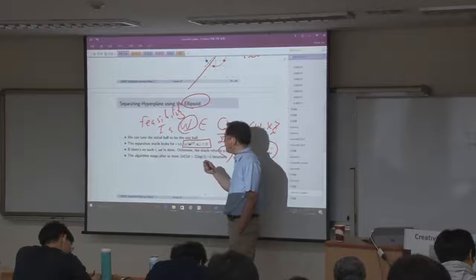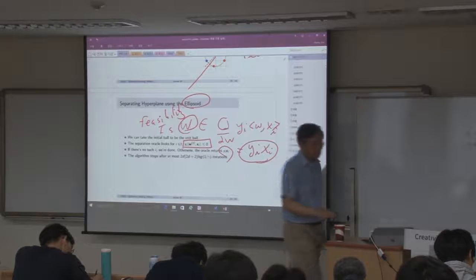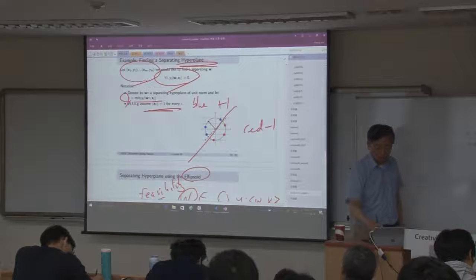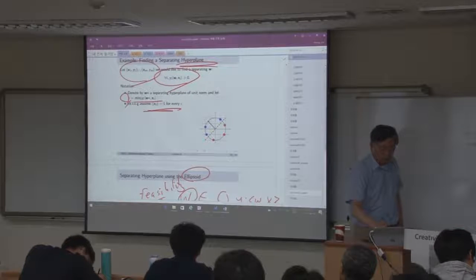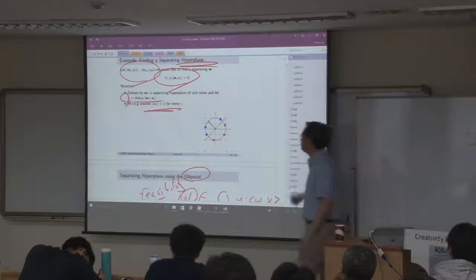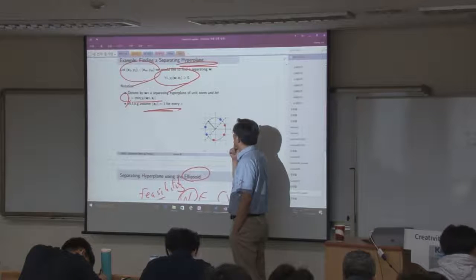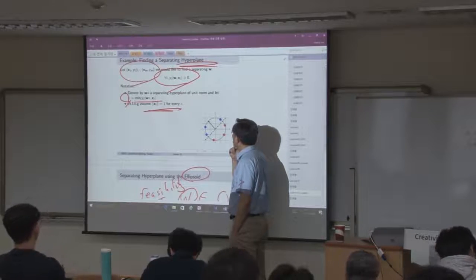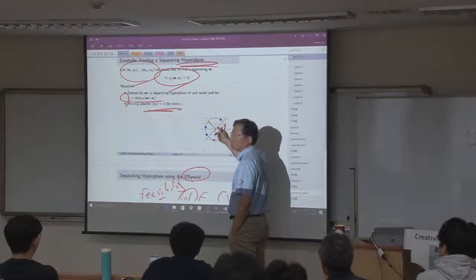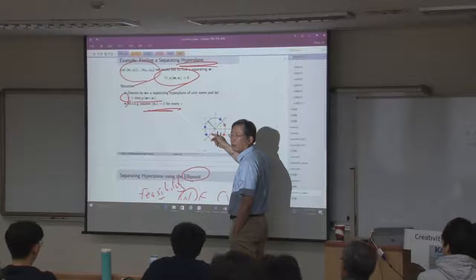And the hyperplane that's close. So for this data, which one is most difficult? This one is difficult to classify, right?